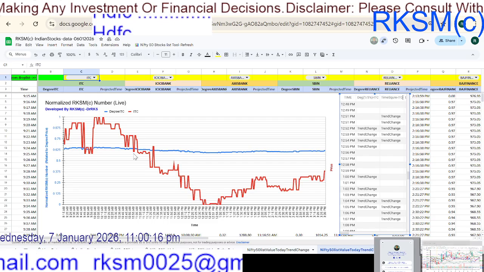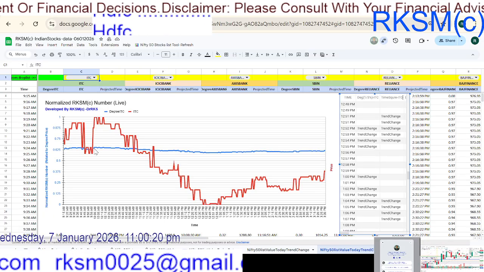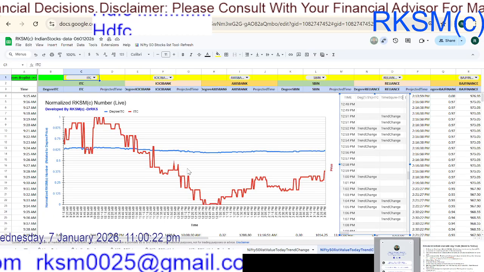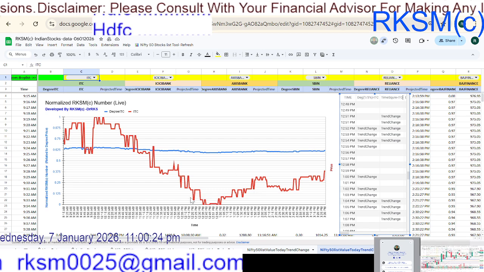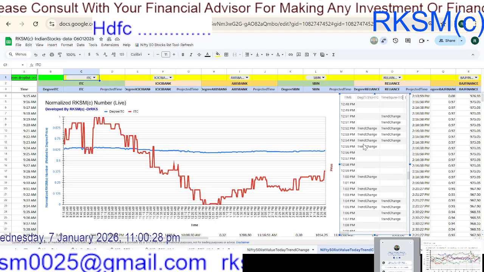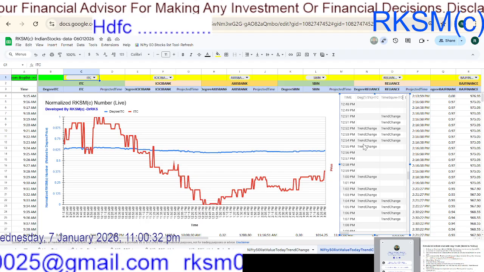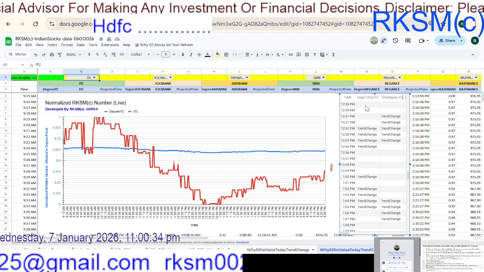And overall, if you see our design parameters, there is no change. So then we need to scale up, and then we can look at what is happening locally. Basically our motto is to find out the time of reversal. This smart tool will give you directly the time whenever the price will make a turn, so you get the time window.